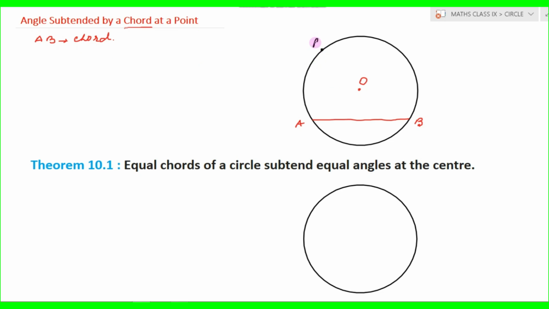This point is P. If we join the point to the end points of the chord, A and B, we get one line segment AP and another line segment BP. So this is the angle formed by the chord AB at point P.